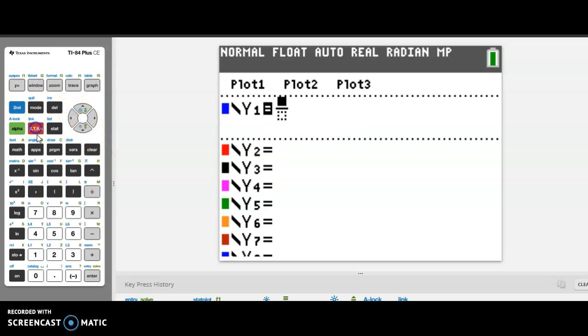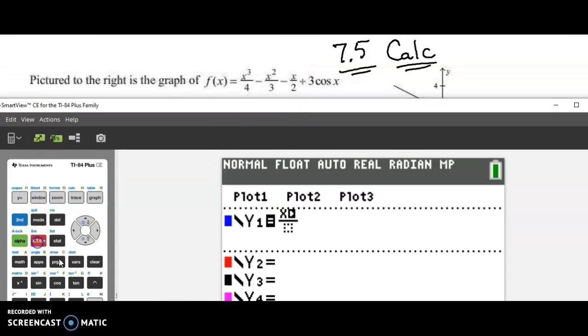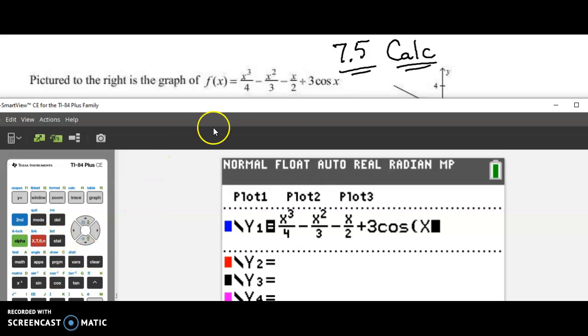So as we go to the calculator, we just type the function into y equals. Don't forget alpha x is your trick to make the fraction. We're looking at x cubed over 4. Just a friendly reminder to make sure that you are in radian mode, and double check that you type it correctly.